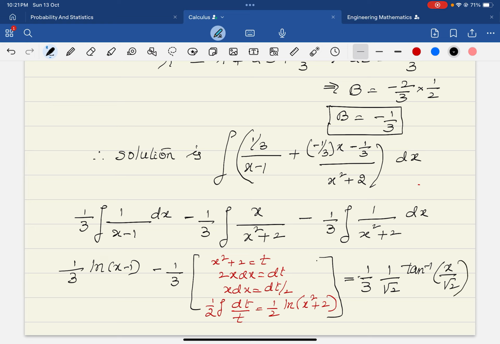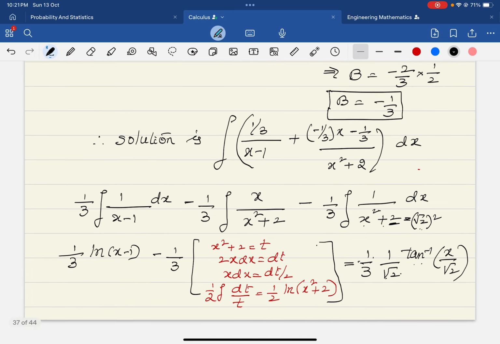How has root 2 come now? This 2 can be written as root 2 the whole square. Understood? So the actual standard form of the formula for 1 over x square plus a square is 1 by a tan inverse of x by a. 1 by root 2 tan inverse of x by root 2. So this is the solution.